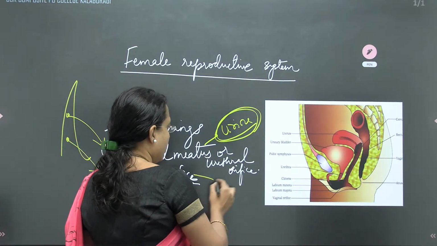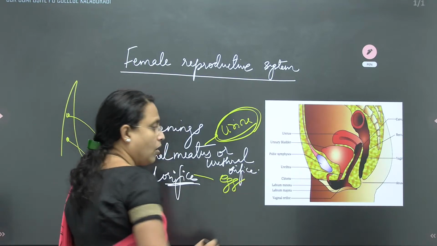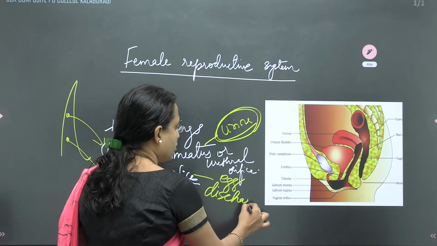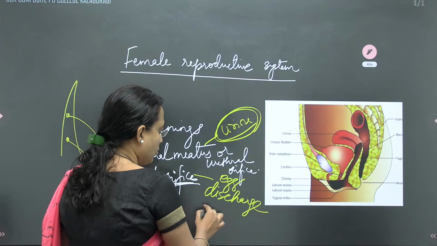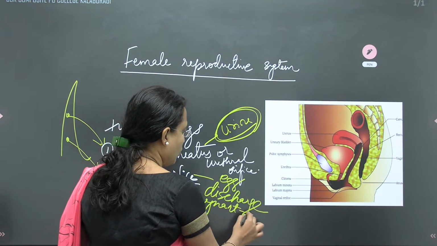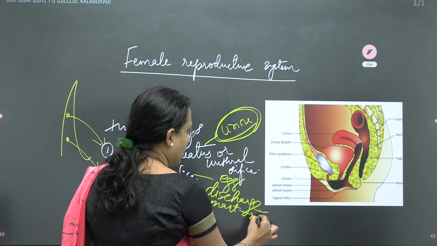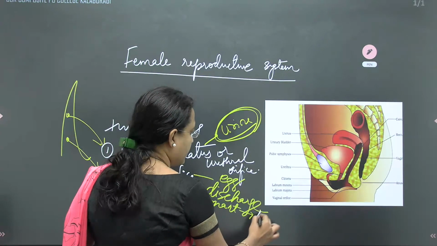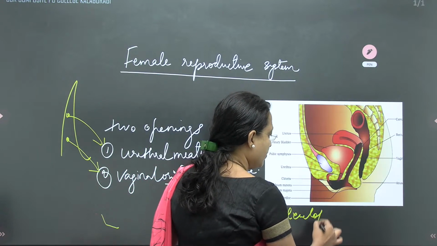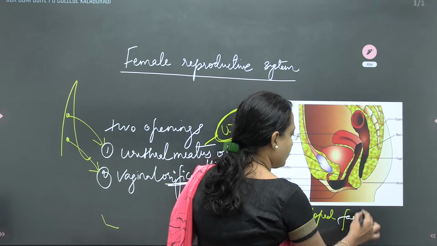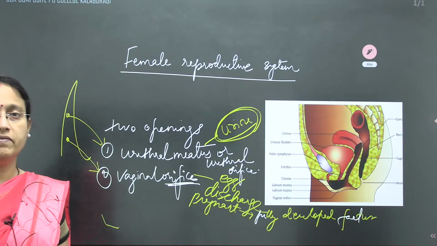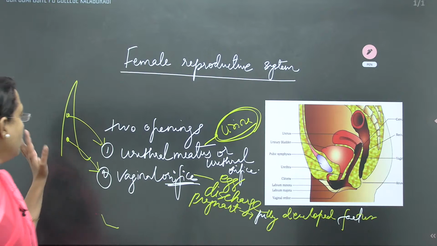So here it can be the ovum, it can be the menstrual discharge, or also in case of a pregnant woman, it can be the fully developed fetus.